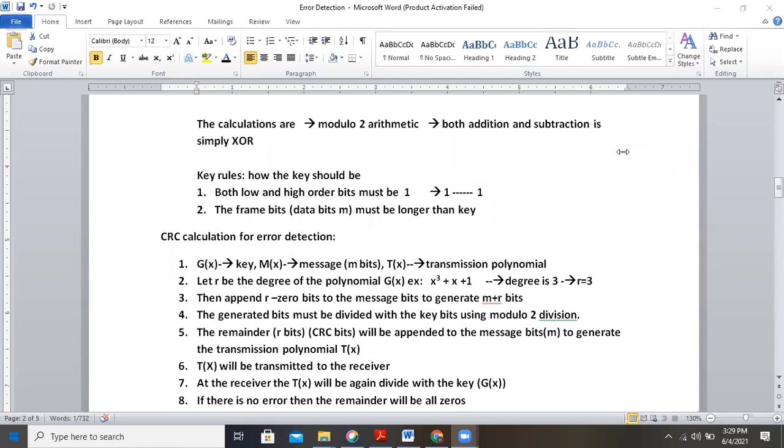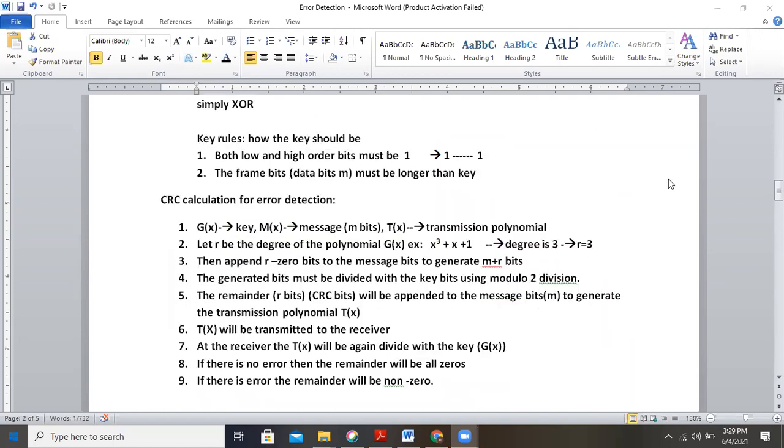Roll number 16. Just joining the class is not necessary. You have to answer my questions also. Very simple question I am asking. What is XOR operation?